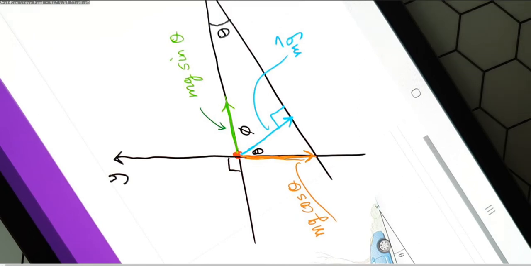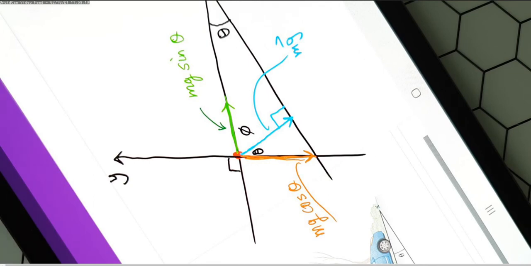Everybody is convinced, because I will not spend this time in each inclined problem to convince you that this component is mg sine theta. And Yaman, the first time, take your time. No problem. We'll spend enough time to show you and make sure that you are convinced.